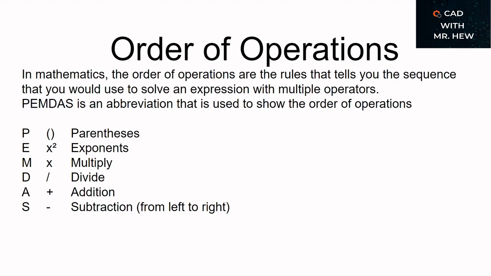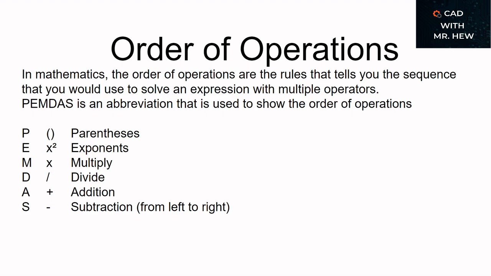Order of operations. In programming, we need to be familiar with the order of operations when we have an expression to simplify. In mathematics, the order of operations are the rules that tell you the sequence that you would use to solve an expression that has multiple operators. PEMDAS is an abbreviation that is used to show the order of operations.